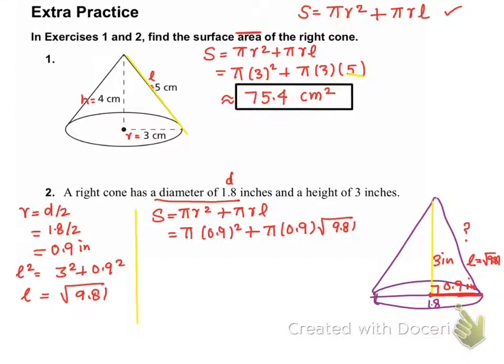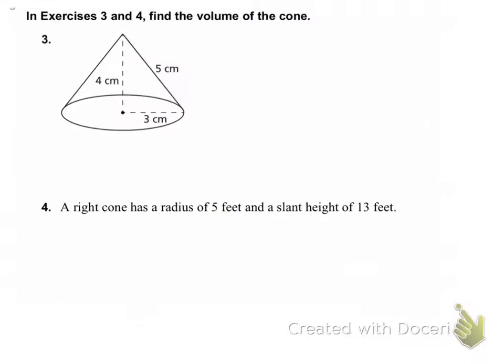Sometimes you have to be super careful so that the expression is entered correctly, and once you solve it, your answer is going to be 11.4 something. So when you round to the nearest tenth, it's going to be 11.4 square inches. So that's your answer. Alright, I hope you get it. Let's move to the next problem.